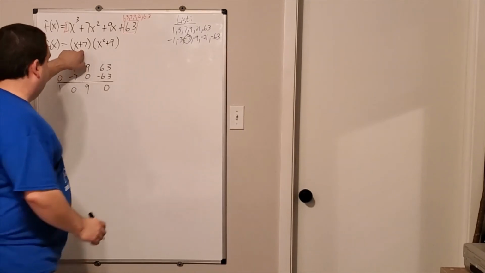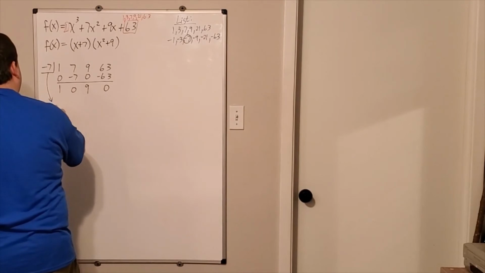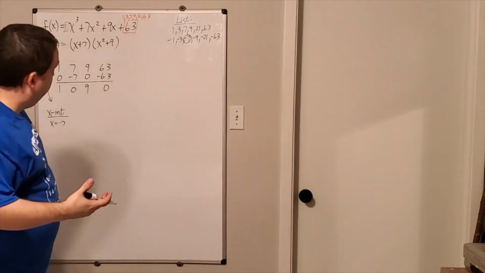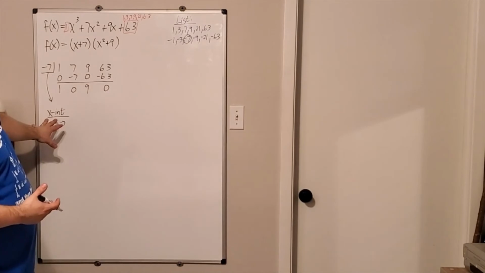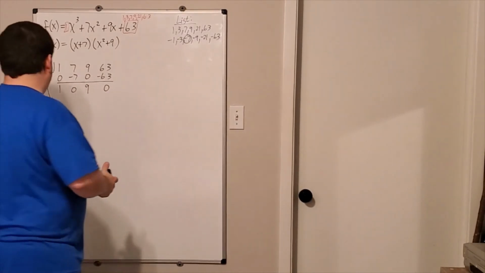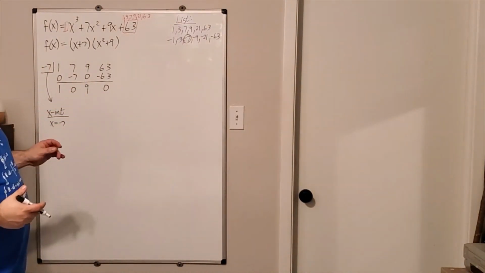Obviously, I can get this x-intercept here, right? That's going to be x equals negative 7. Or don't forget, x-intercepts are also called zeros, right? So I've got that one right away. But I'm obviously missing two other ones, okay? And this is actually where a good distinction between x-intercepts and zeros is going to come in.